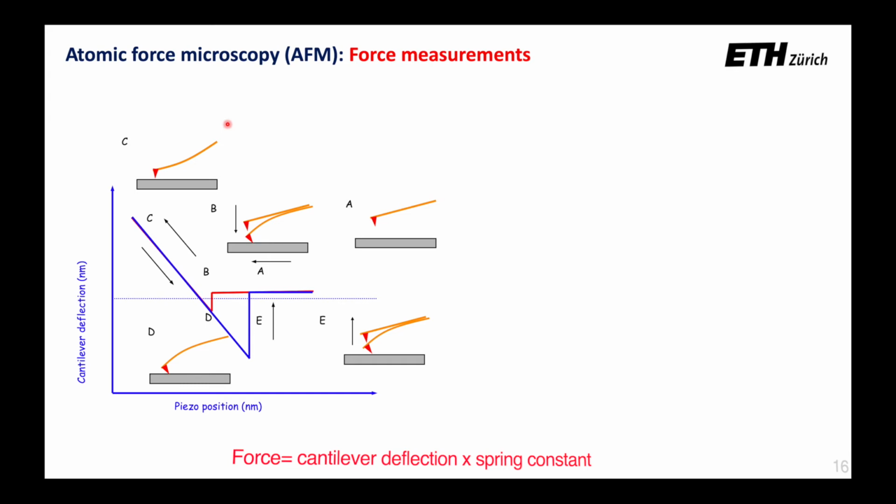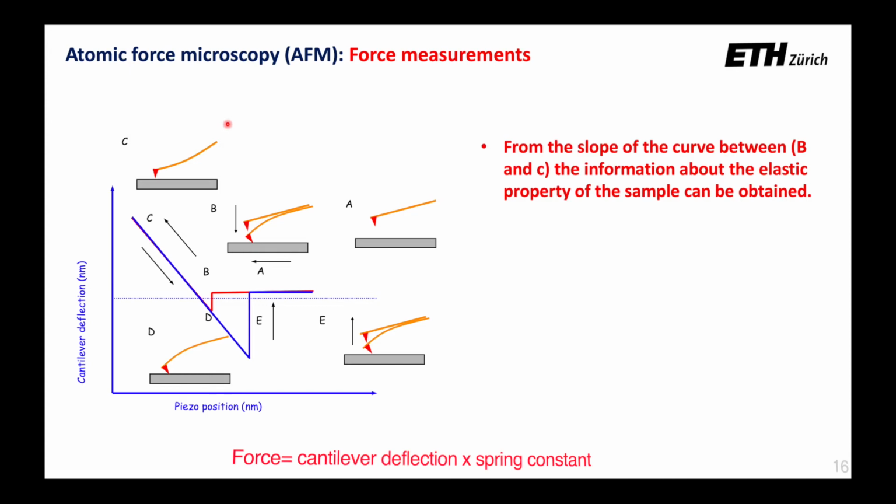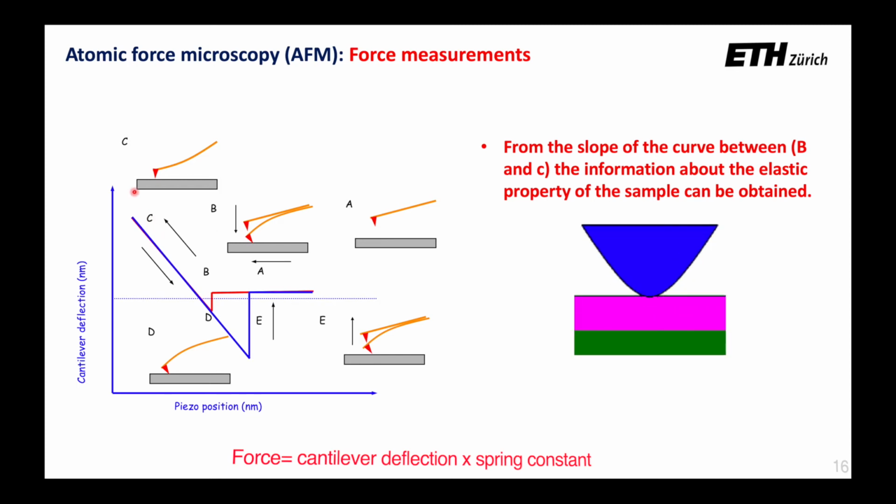When you move away the piezo, it then comes back to its original position, which is a measure of adhesion between the tip and the sample. So from the slope of the curve between B and C, the information about the elastic property of the sample can be obtained, because here you are actually indenting and deforming the sample, so you can get the elastic property of the sample.